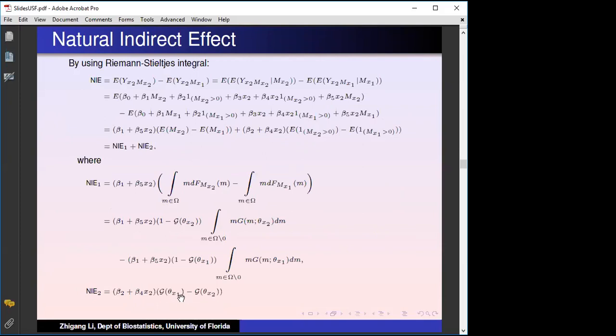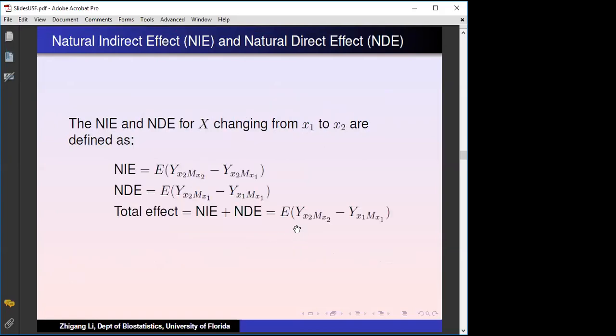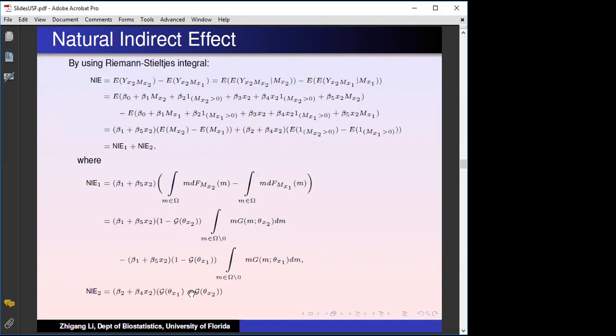And also, if the exposure x has no effect on the probability of the mediator being 0, for example, if gamma 1 equals 0, that means the binary mediator is not associated with the exposure variable, so there should be no mediation effect through that binary mediator. This will also be 0 because script g of theta at x1 will be equal to script g of theta at x2.